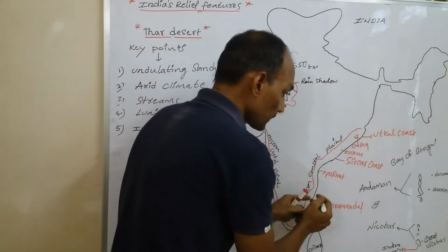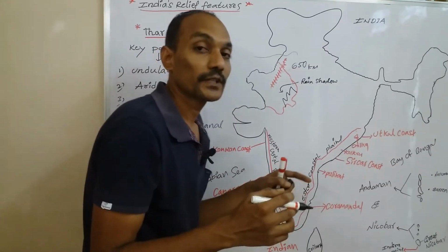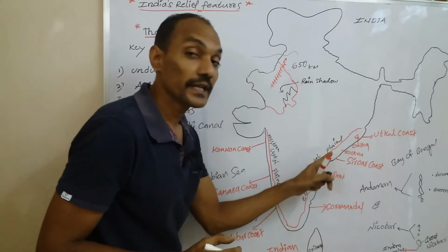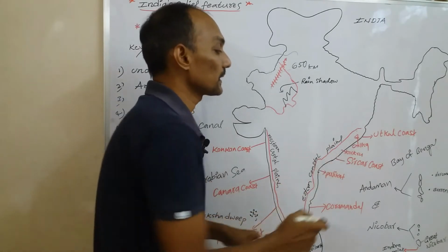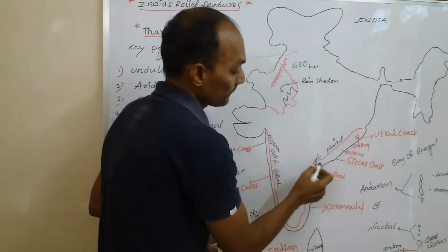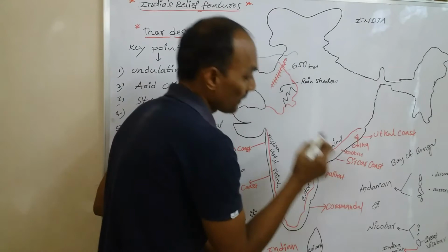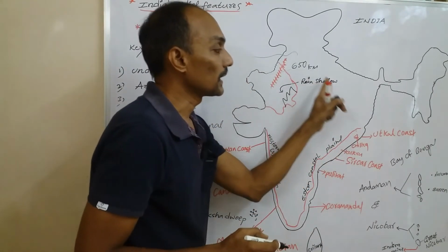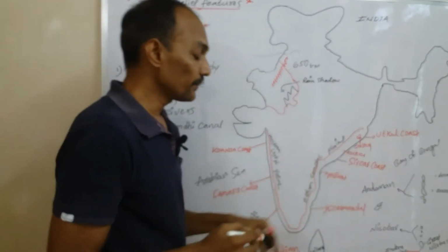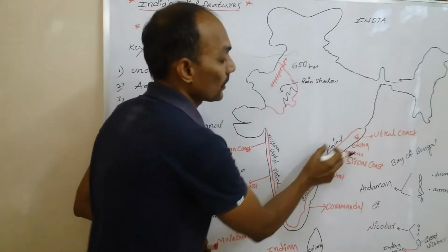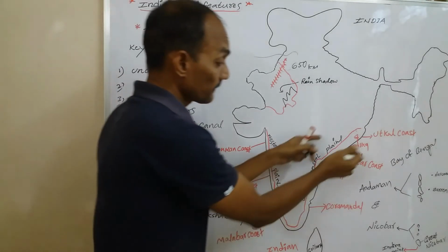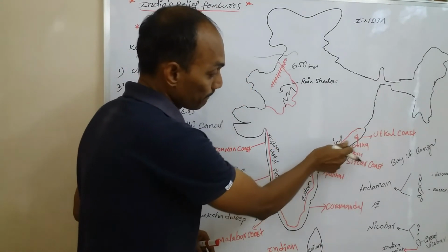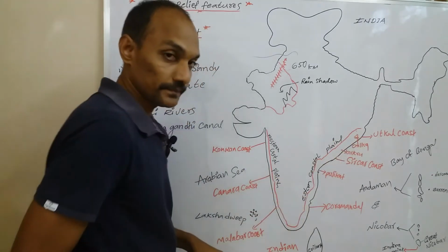These plains are very fertile because they were formed by rivers like Mahanadi, Godavari, Krishna and Kaveri. So these plains are very fertile like the Ganga plains. And they are completely developed for agriculture.